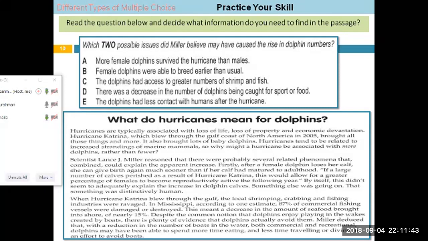B and C. Okay, where is it written that the dolphins had access to a greater number of shrimp and fish? That's not written, right? Actually, yes, it is, sir.